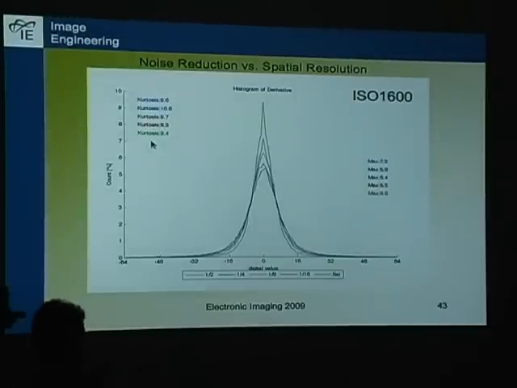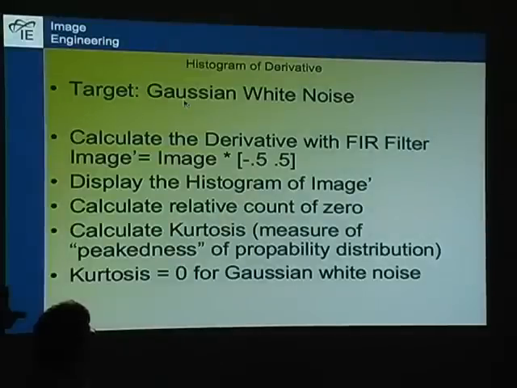So everything moves towards the center, towards the 0 here, and for the amount of that, you can see the kurtosis value here. What's it for Gaussian? Is it 1? It's 0. 0 for Gaussian? Yes. So this is basically how it's calculated and how we do that.